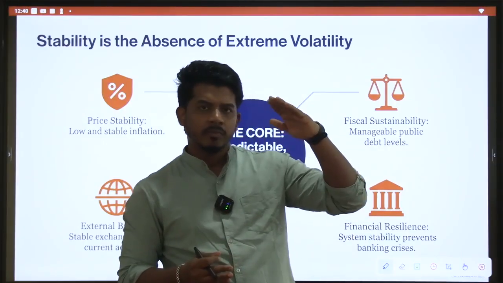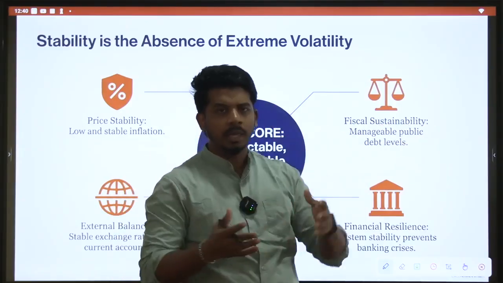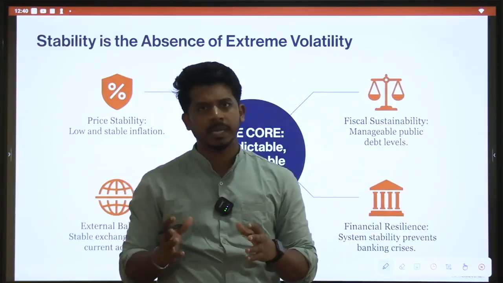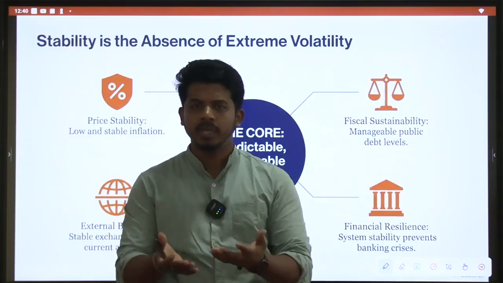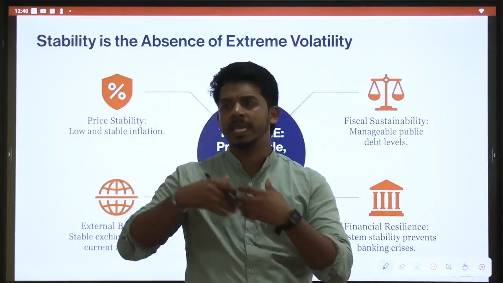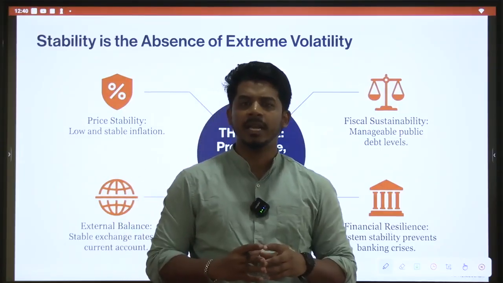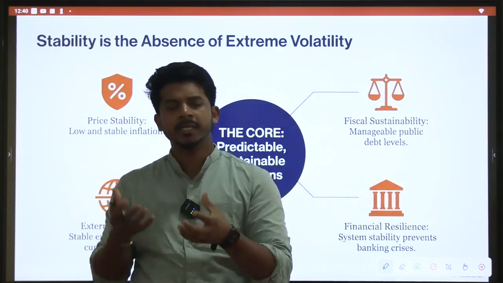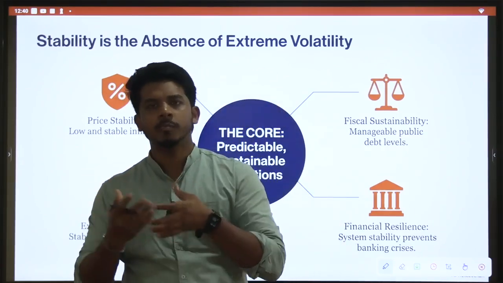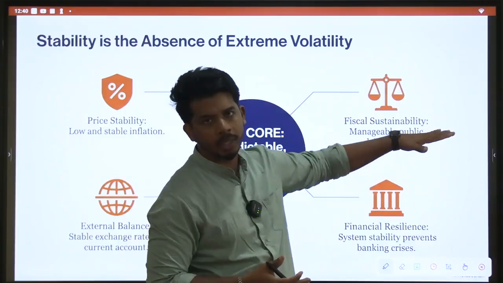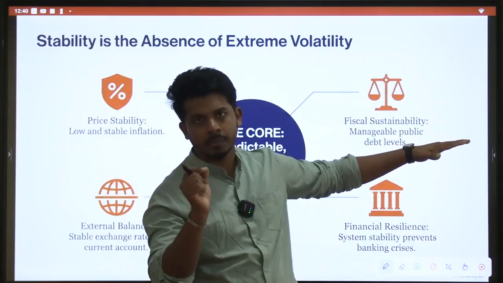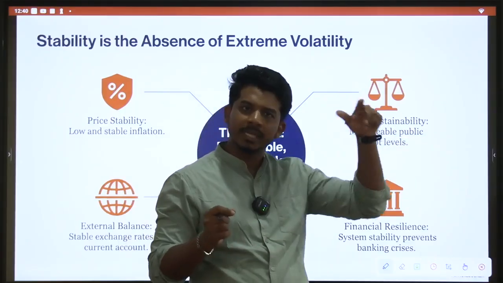Similarly, the Government of India has many expenditures and has to do so many things, so it needs that money. It has to borrow, but that borrowing should not be too much. So the debt level should be manageable. Every component we will see in depth inside.